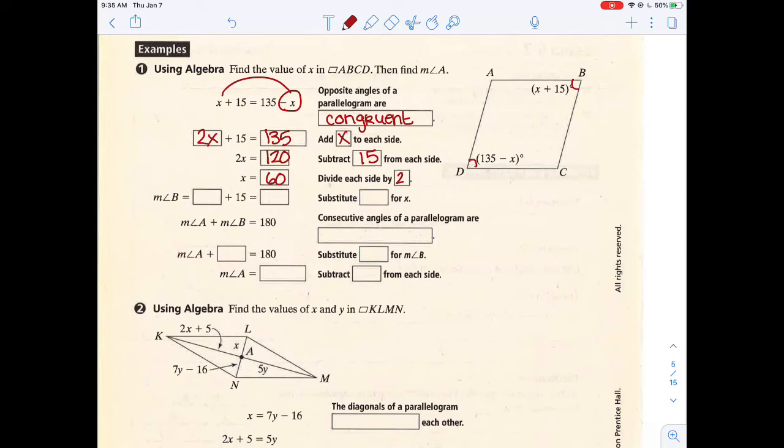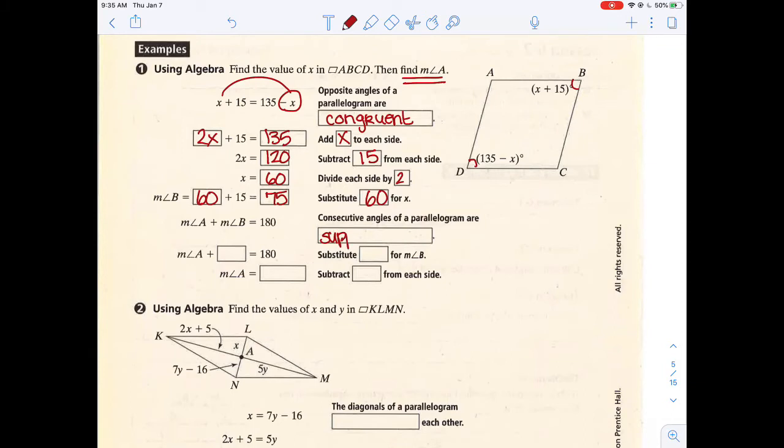Okay, so now I know x is 60. I can substitute 60 in for x to solve for the measure of angle A. So we know that the measure of angle B is x plus 15, and we know x is 60. So 60 plus 15 is 75. Okay, we've solved for angle B. Now we can use that to get angle A, which is what they've asked us for. Okay, so measure of angle A plus the measure of angle B equals 180 because consecutive angles of a parallelogram are supplementary.